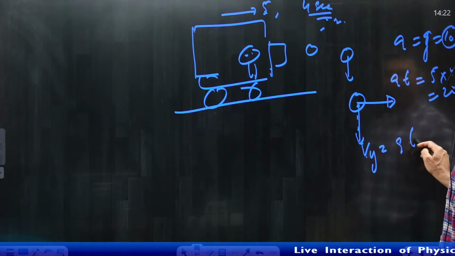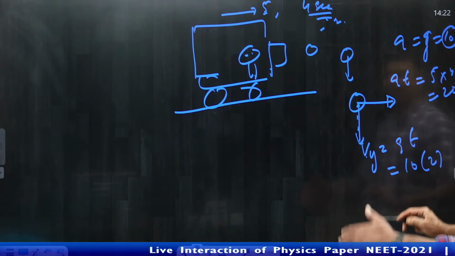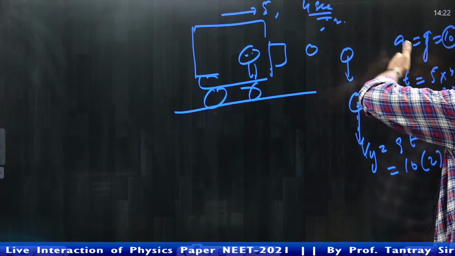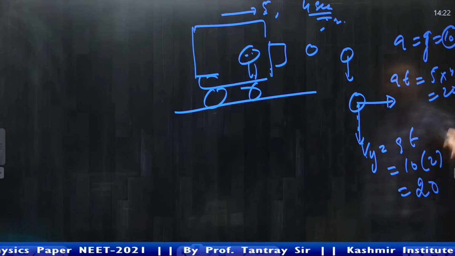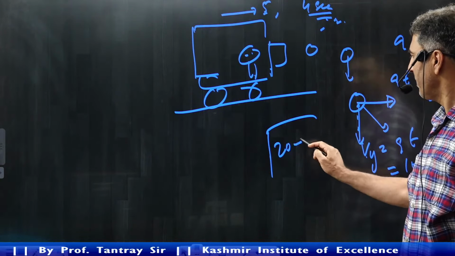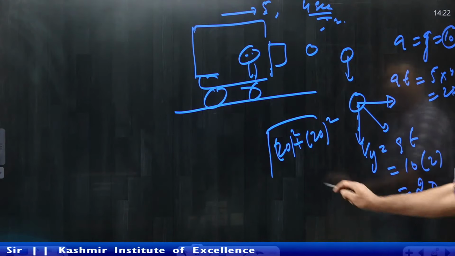That is gt. g is 10. What is t? That is 2 seconds, because he says after 6 seconds. From 4 seconds to 6 seconds, there was only 2 seconds. Again 20. So it is 20 and 20. The net velocity is root of 20 square plus 20 square. And that is 20 root 2.